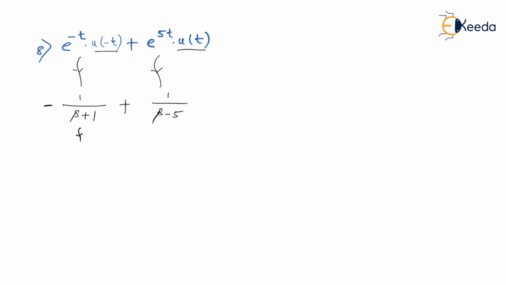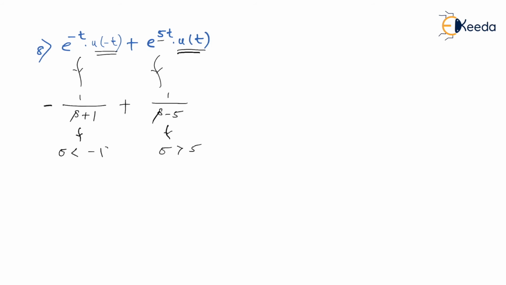For this, the ROC would be related to minus 1 because minus 1 is the location of the pole. Since u of minus t is multiplied, it would have a lesser relation. Secondly, here sigma would be greater than 5 because 5 is the location of the pole, and since it is multiplied with u of t, sigma will have a greater relation with respect to the pole.